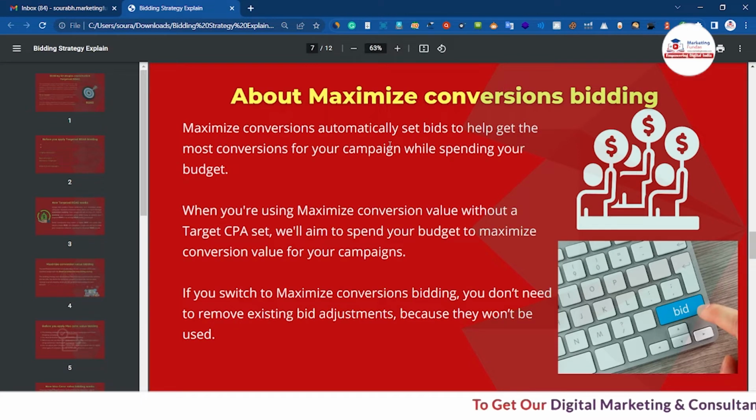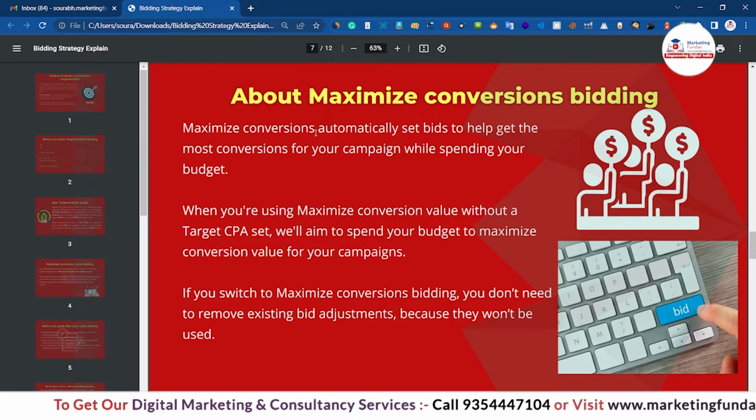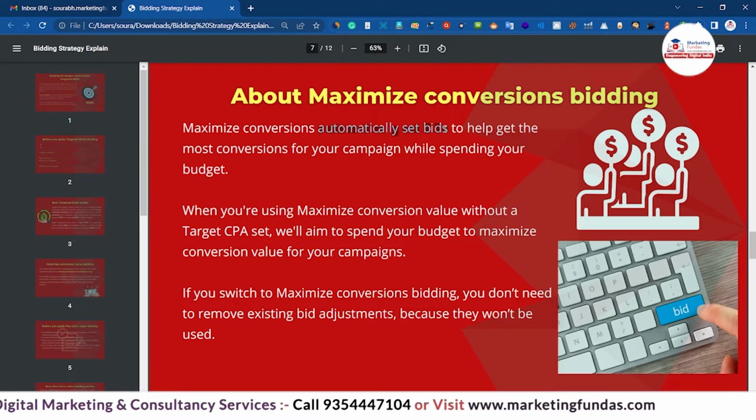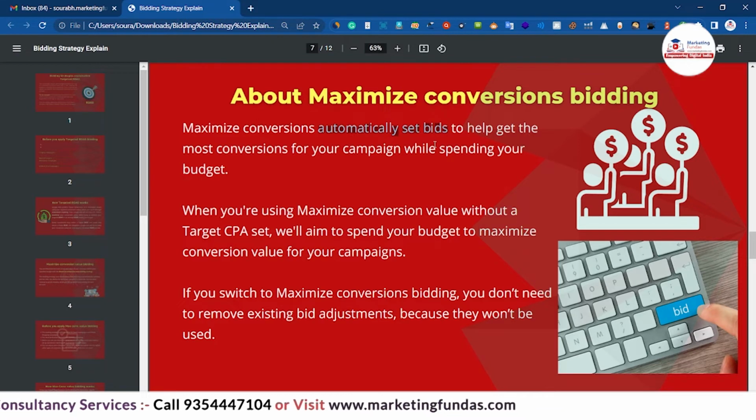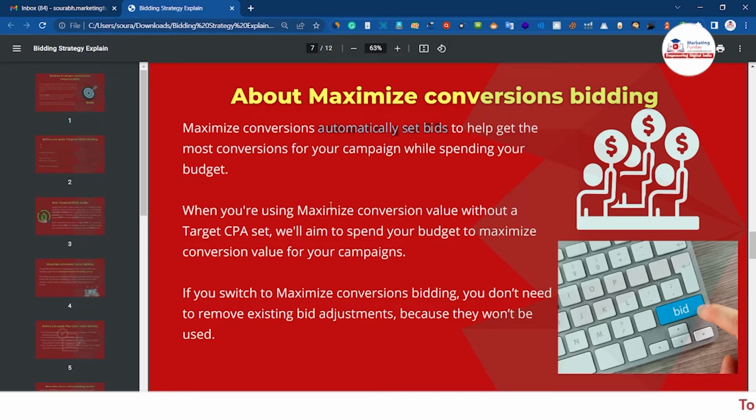Now, the third bidding strategy is maximize conversion bidding. In this bidding strategy, the system automatically sets bids to help you get the most conversions from your campaign while spending your budget. Also, when you're using maximize conversion value without your target CPA set, the campaign will aim to spend all your budget to maximize conversion value for your campaigns.